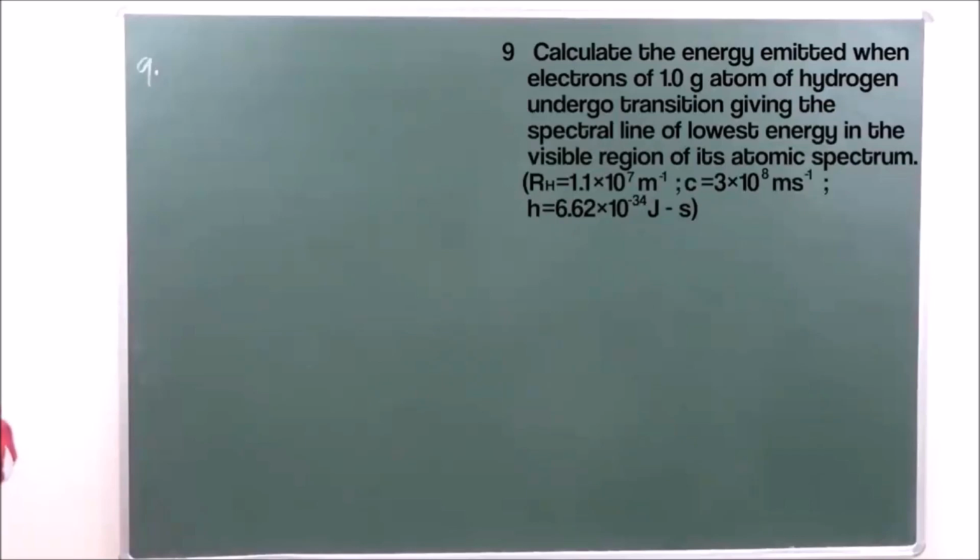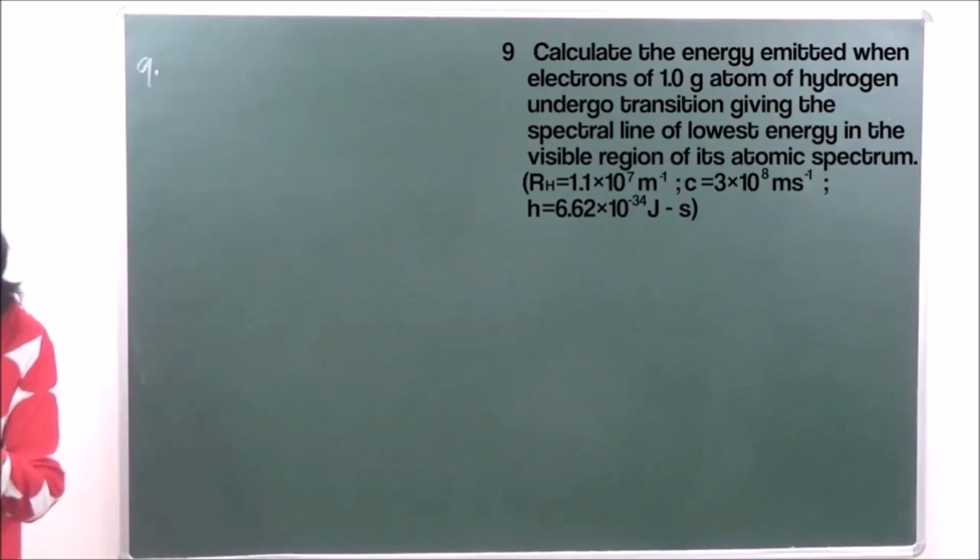Question number 9. Calculate the energy emitted when electrons of 1 gram atom of hydrogen undergo transition, giving the spectral line of lowest energy in the visible region of its atomic spectrum. RH given to us is 1.1 into 10 raised to power 7 per meter.